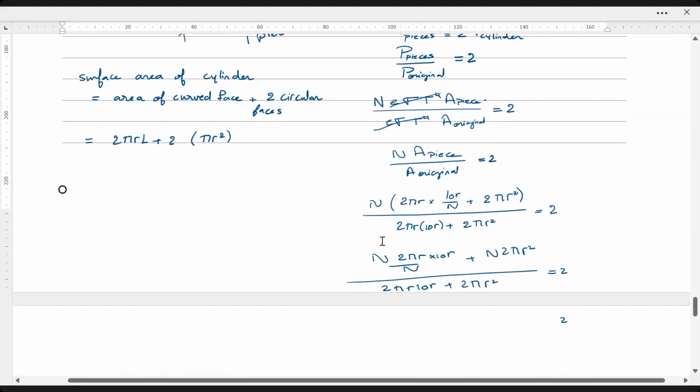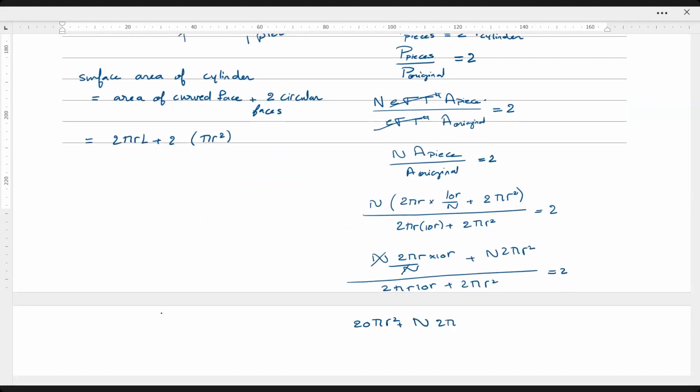I'll continue with my substitution, and then n and n here cancel out. We end up with 20 pi r squared plus n times 2 pi r squared, divided by 20 pi r squared again plus 2 pi r squared, and this is equal to 2. You can see how the only unknown I have is n.